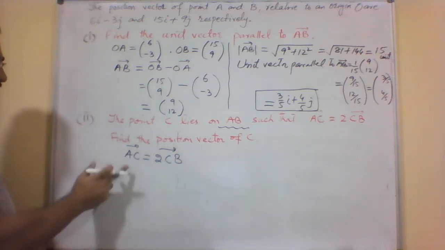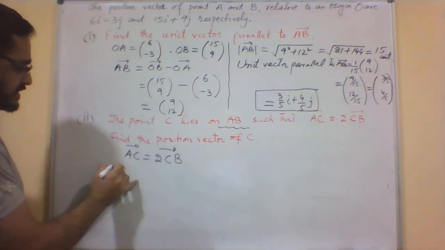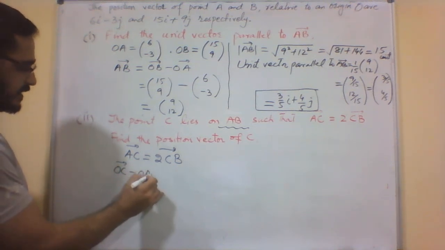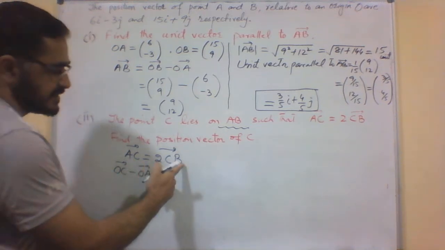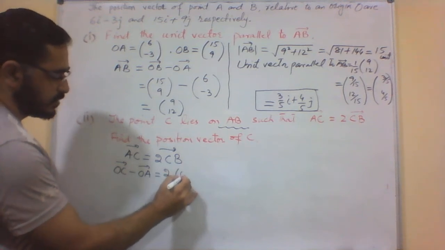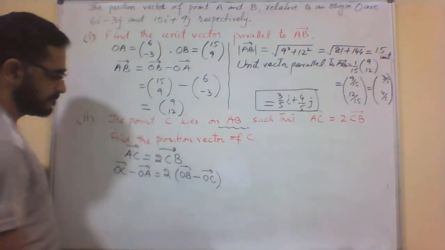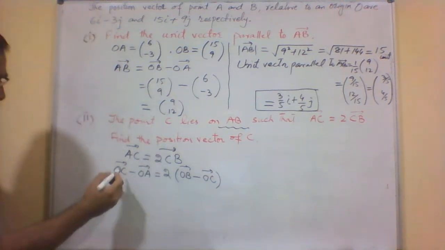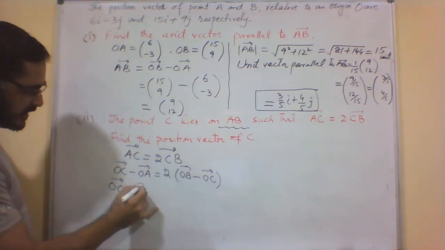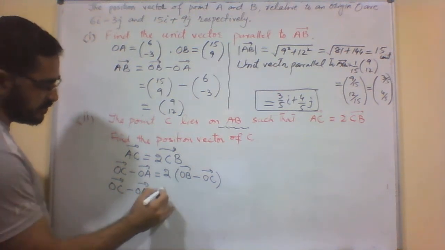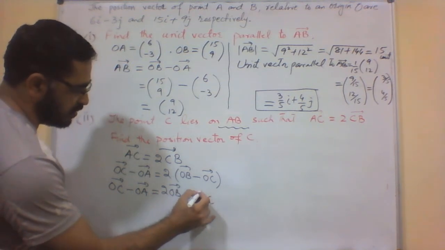In the same way, AC is OC minus OA, which is equal to 2 times CB, and CB is OB minus OC.